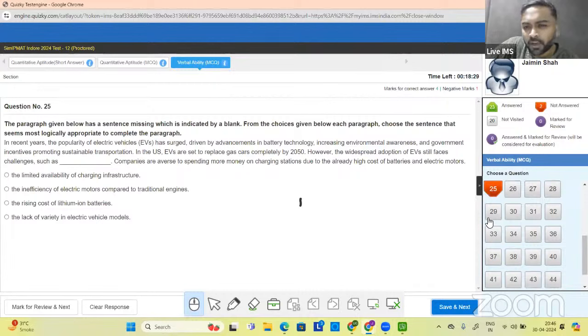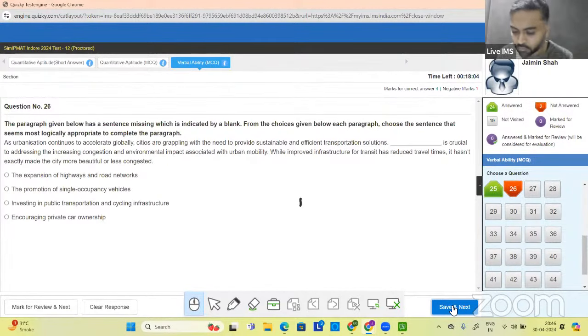However, the widespread adoption of EVs still faces challenges such as the limited availability of charging infrastructure, the inefficiency of electric motors compared to traditional, that's not a challenge. Rising cost of lithium, lack of variety in electric, limited charging facility has to be the case here.